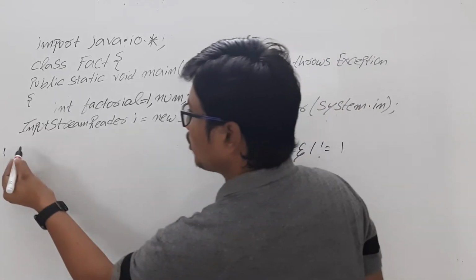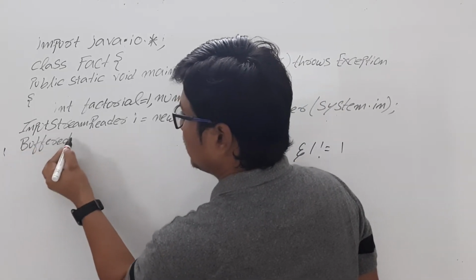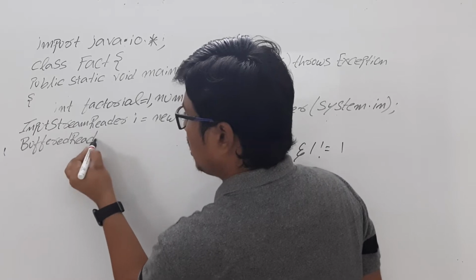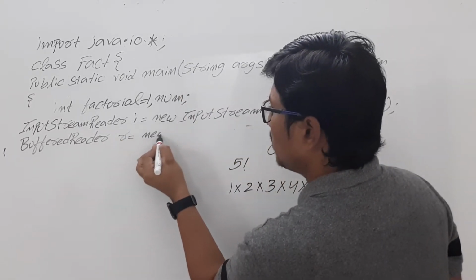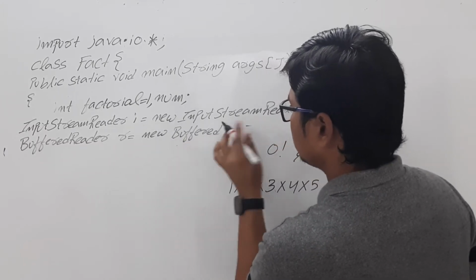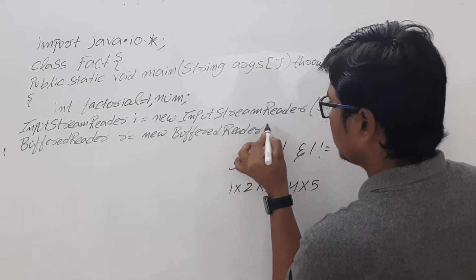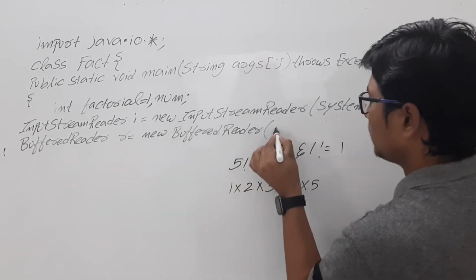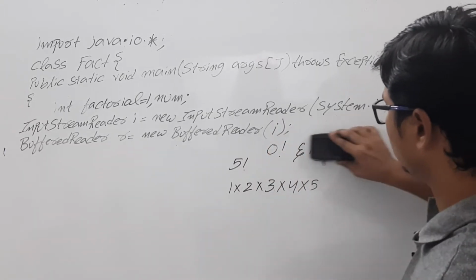Similarly, you will create an object for the BufferedReader. So BufferedReader r = new BufferedReader(i). Okay, let me erase this.